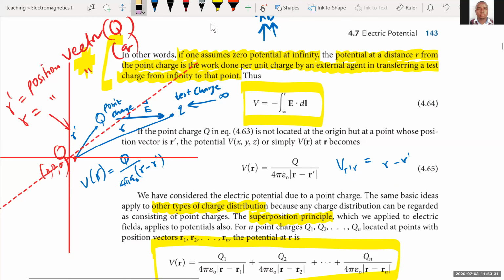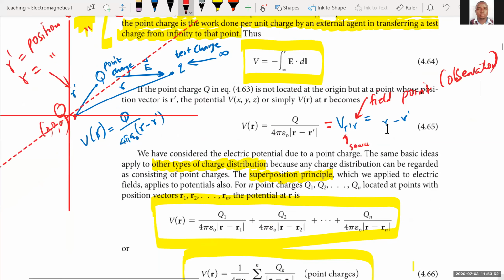So we are saying that I can express this one as being my source, and this being my field point or point of observation. And therefore, you can always say that it is equivalent to R minus R prime.